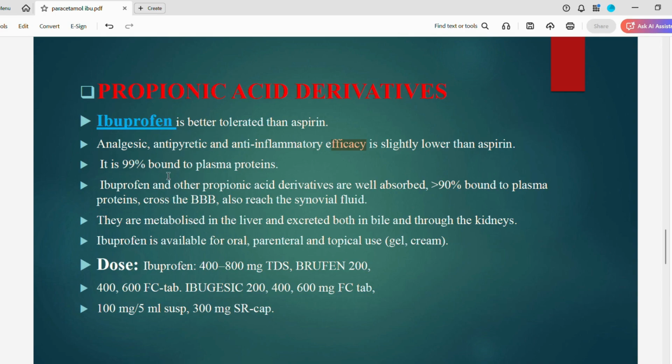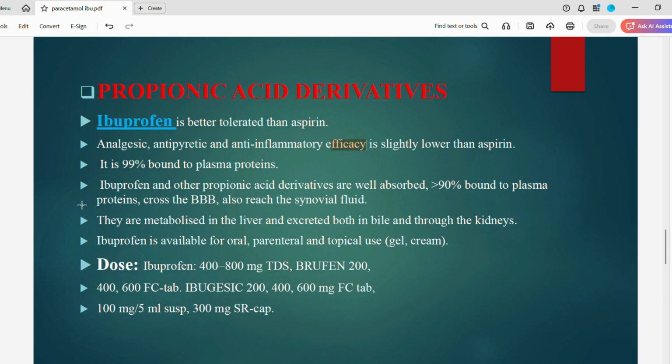Ibuprofen is 99% bound to plasma proteins, hence their action or efficacy is lower because they are bound to plasma proteins. Ibuprofen and other propanoic acid derivatives are well absorbed, more than 90% bound to plasma protein, cross the blood-brain barrier, and also reach the synovial fluid.